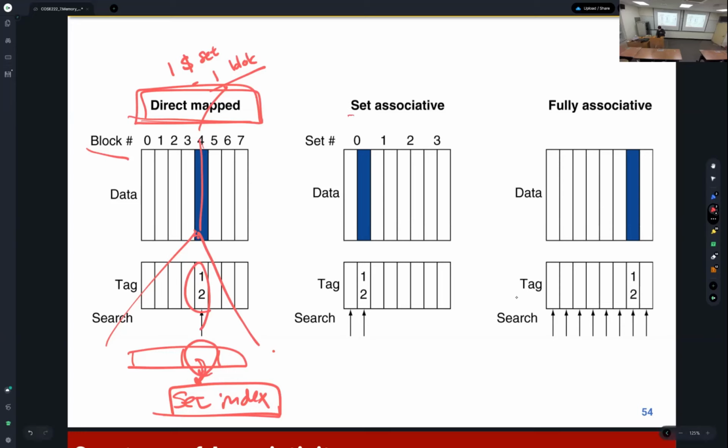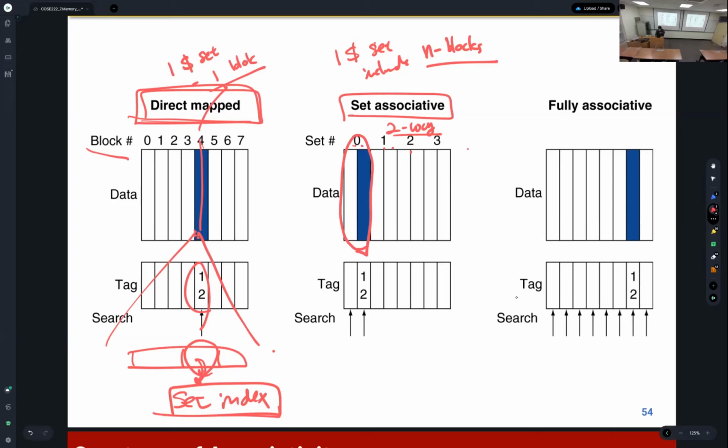And then the set associative cache. The definition of a set associative cache is that one cache set can include n blocks, multiple blocks. This example is a two-way set associative cache, which means there are four sets, and each set can include two blocks.